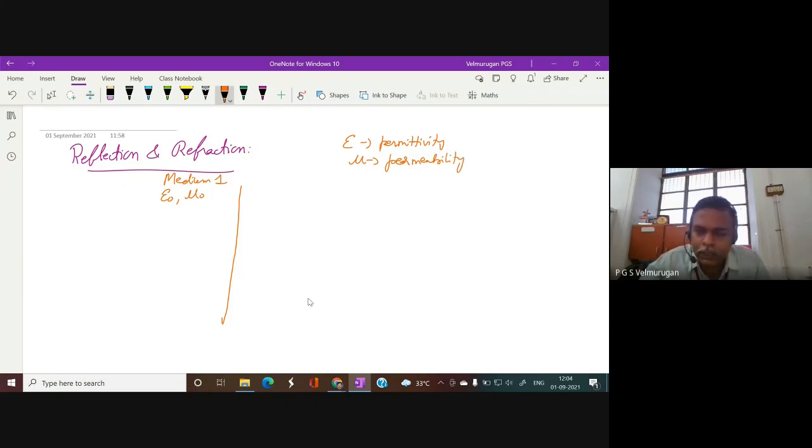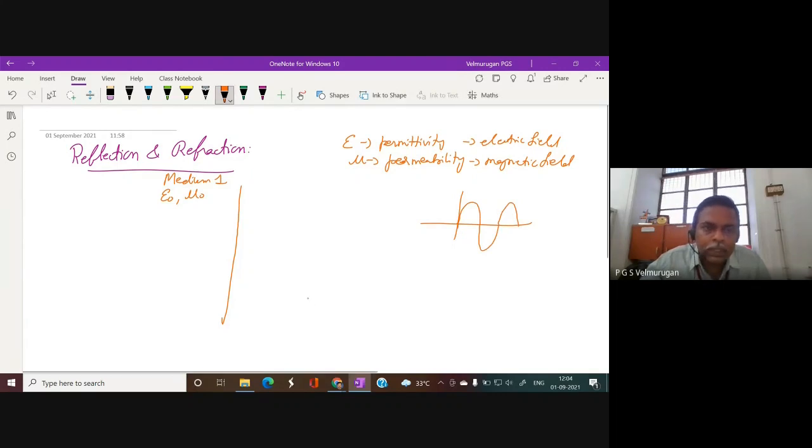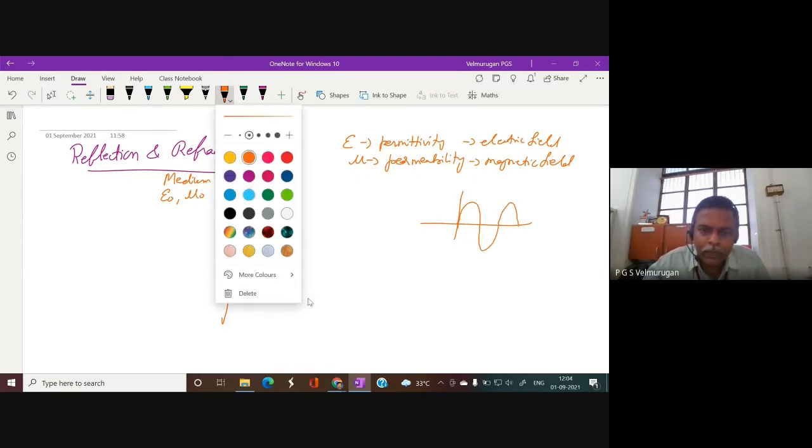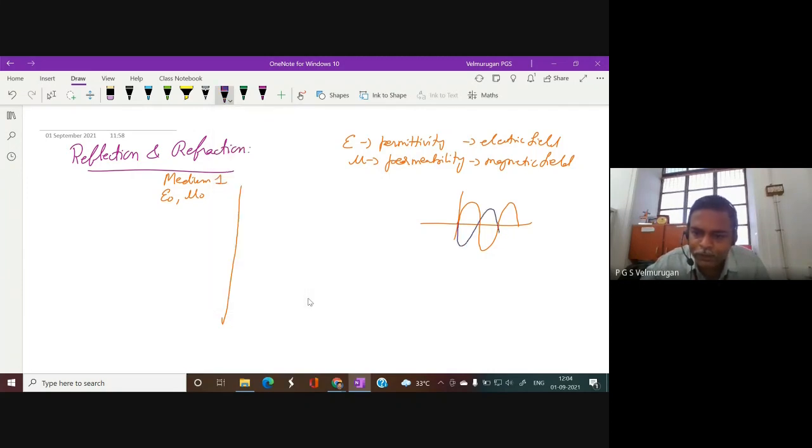One is with respect to the magnetic field, the other is with respect to the electric field. Because your electromagnetic wave is composed of an electric field and a magnetic field that travel perpendicular to each other, and they travel perpendicular to the direction of propagation.